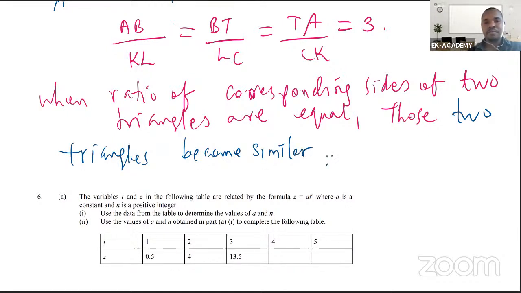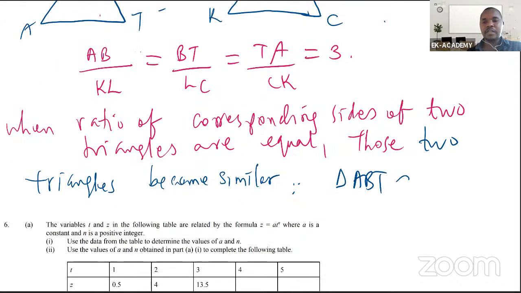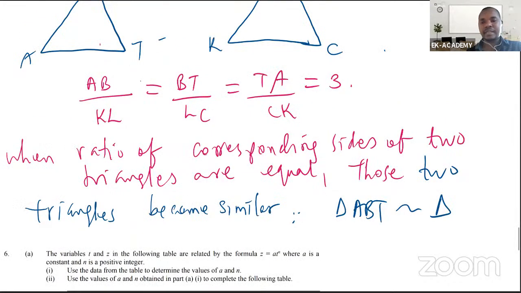Therefore, triangle ABT is similar to triangle KLC. Okay. Now we go to question number 6A.